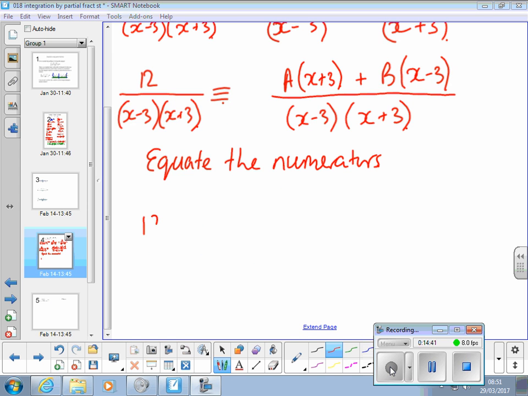So we say 12 is equal to A(x minus 3) plus B(x plus 3).